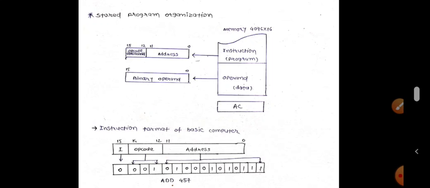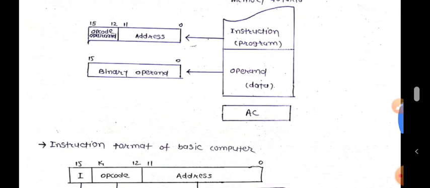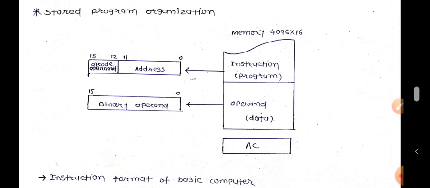Memory is logically divided into many parts, but here in this system we have divided it into two types, that is instruction and operand. So you can see the instruction organization and the operand. The instruction format looks like this figure. Bits 0 to 11 hold the address, and bits 12 to 15 hold the opcode.